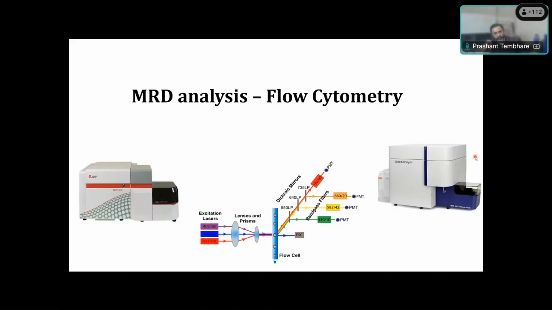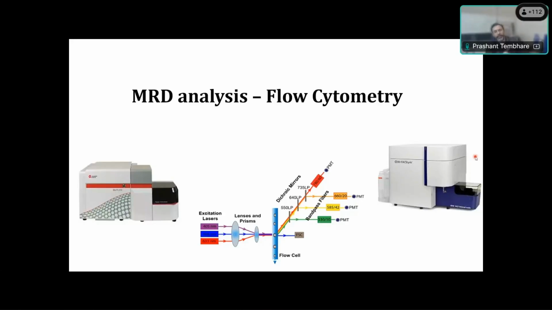Like using the M protein levels by using either immunofixation or mass spectrometry. So these are the three methods: using the serological measurement by monitoring either M protein level or involved free light chain, which can be done by using mass spectrometry or immunofixation.